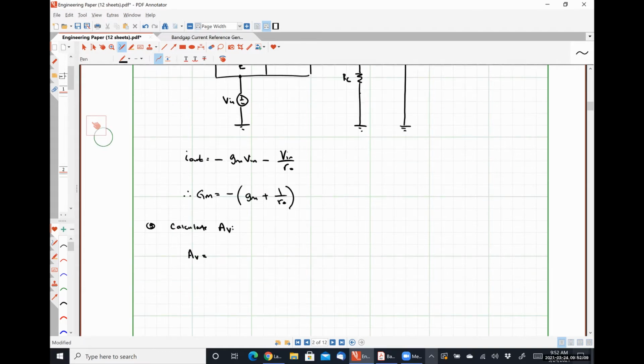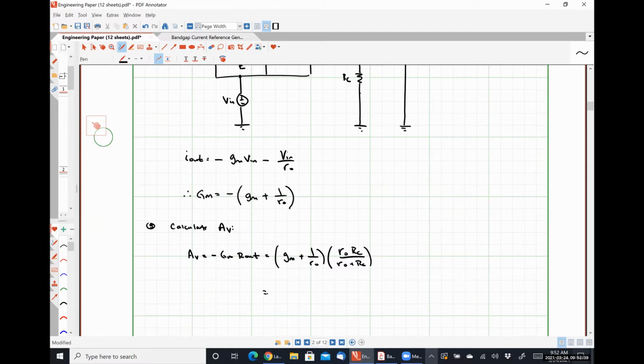Voltage gain is negative Gm R out, which is negative times negative, so positive gm plus 1 over R naught times our output resistance, R naught times RC over R naught plus RC.